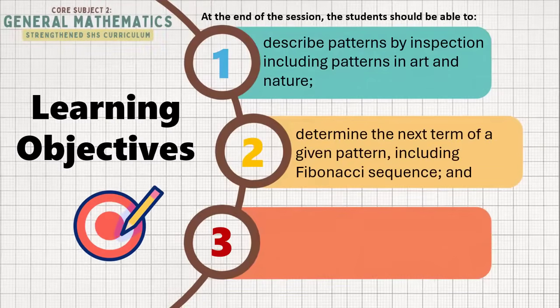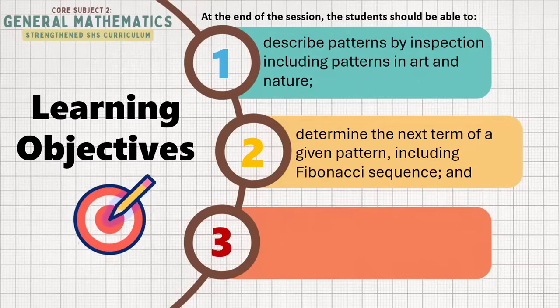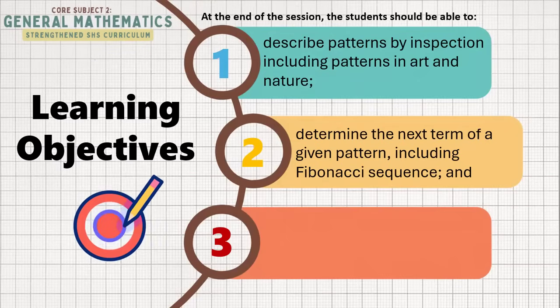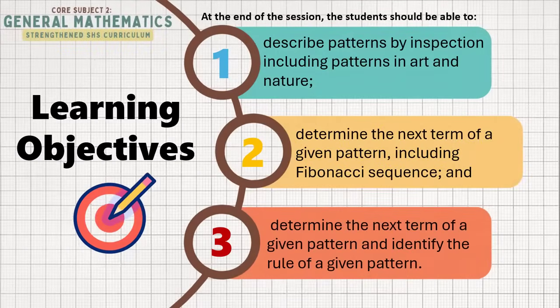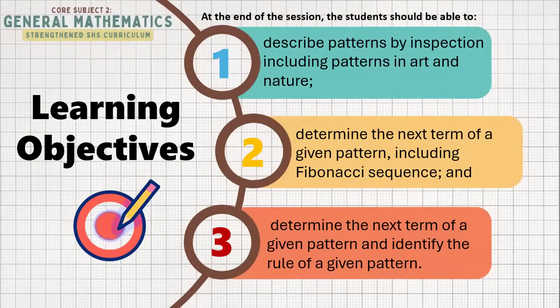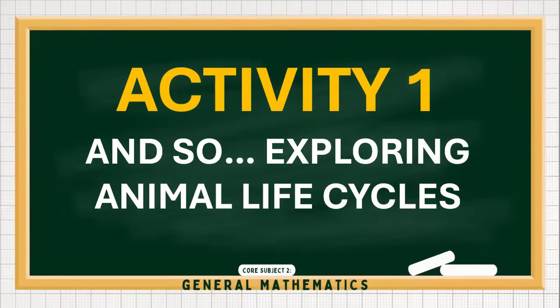Number 2, determine the next term in a given pattern, including the Fibonacci sequence. And lastly, identify the next term of a given pattern and the rule of a given sequence. Let's proceed to Activity 1, entitled Exploring Animal Life Cycles.